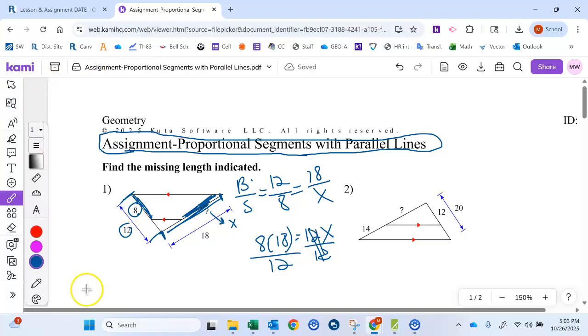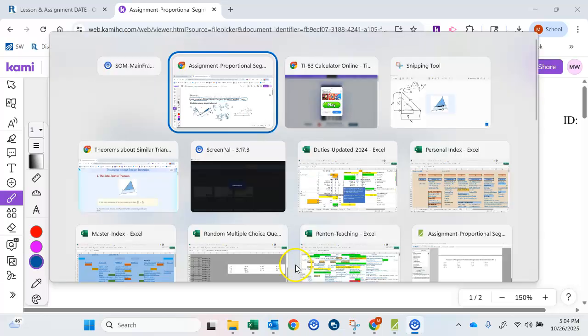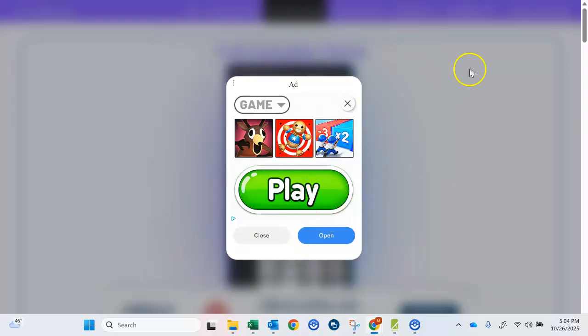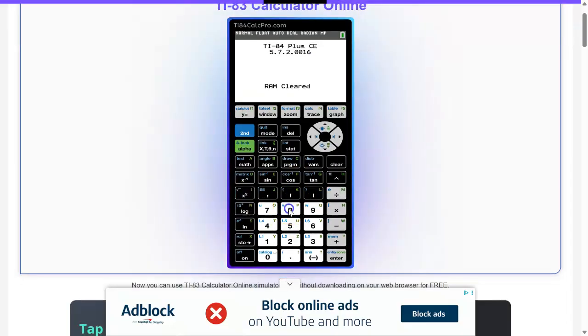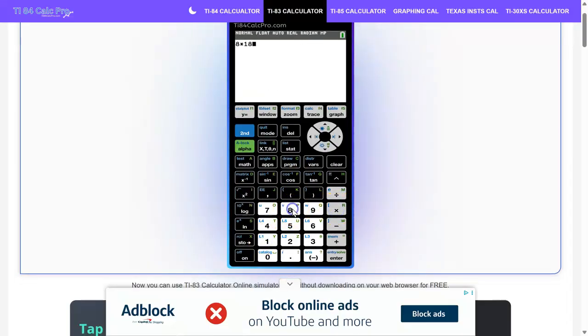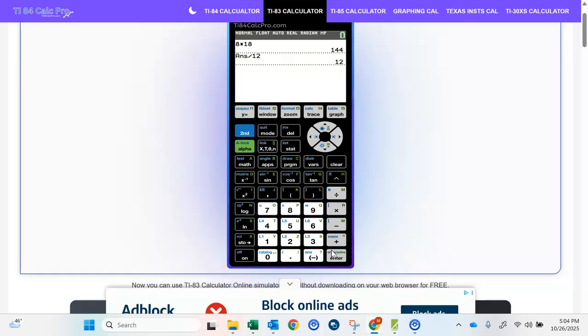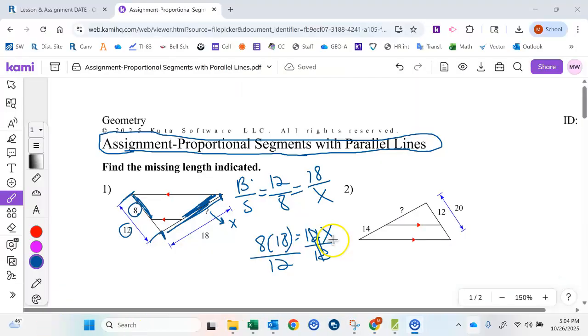So 8 times 18 divided by 12 is going to be, enter, divided by 12, enter. That's going to be 12. So that's the answer for this one right here: it's going to be 12.